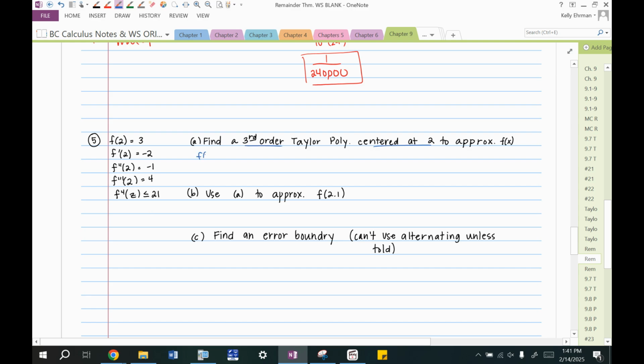So f of x can be approximately f of 2 plus f prime of 2 times x minus 2 plus f double prime of 2 times x minus 2 squared over 2 factorial plus f triple prime 2 times x minus 2 to the third over 3 factorial. And that's it, third order. Use it to approximate f of 2.1.